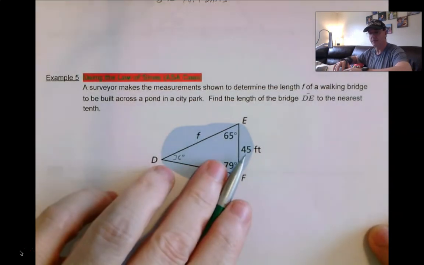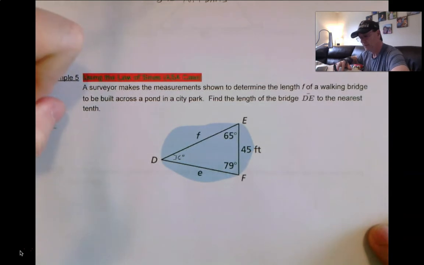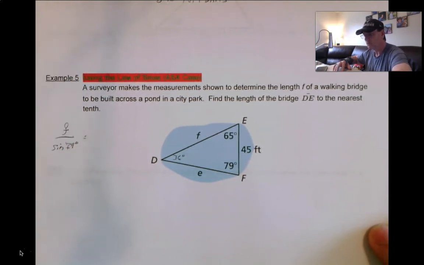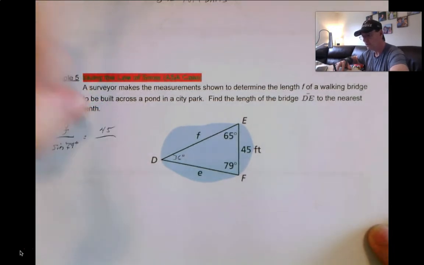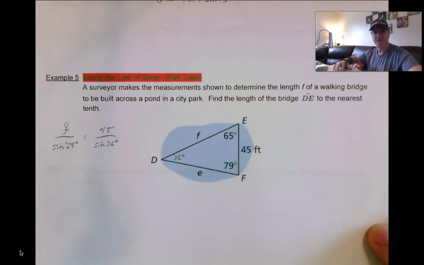And now we have our complete ratio, 45 and sine of 36. So, little f over sine of angle F, which is 79 degrees, equals little d, which is 45 feet, over sine of angle D, which is sine of 36 degrees.